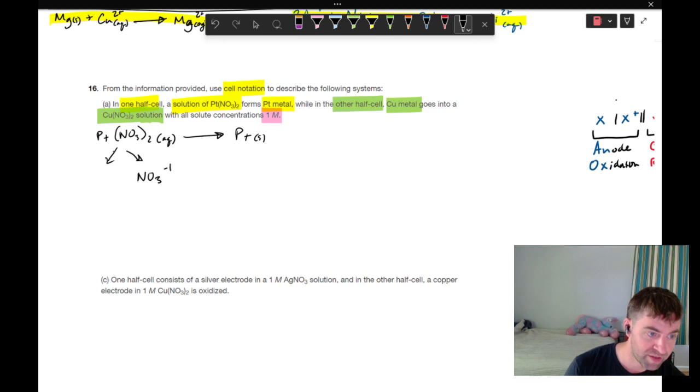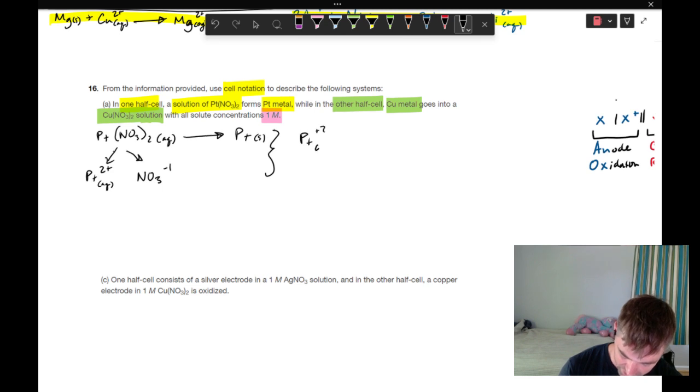There's two of them. And so we can infer from that that our platinum ions, cations in this case, are 2 positive each. So we've got the first half here. Platinum 2 positive to platinum solid.